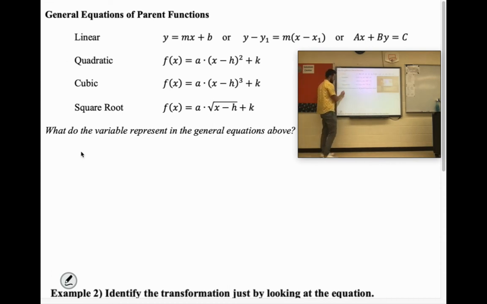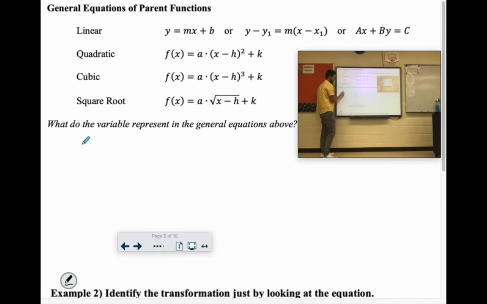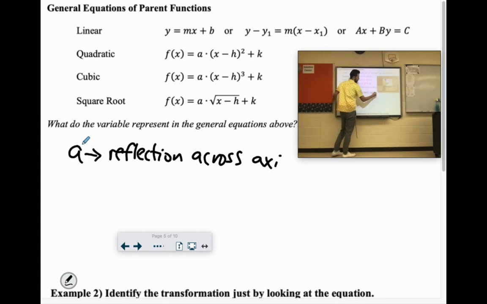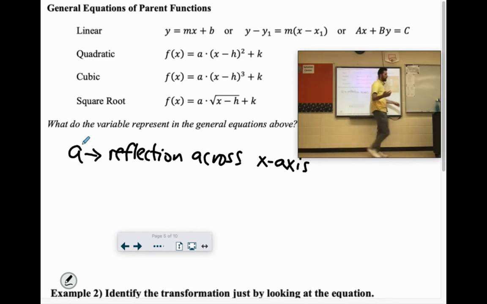So A indicates if there is a reflection across the x-axis. And how would it indicate that? Well, if A is negative, then it flips.